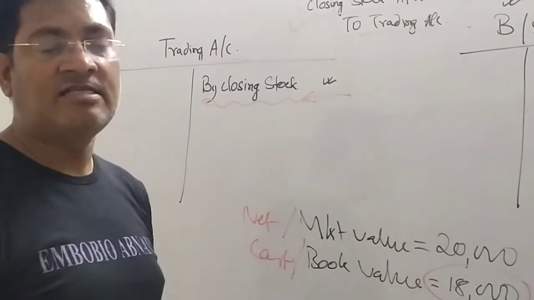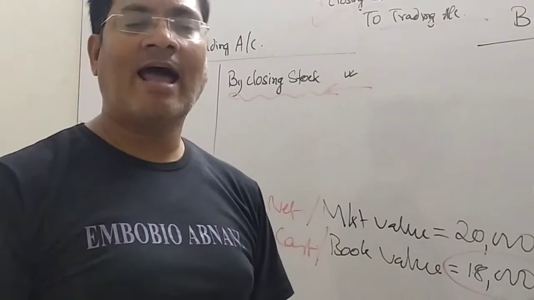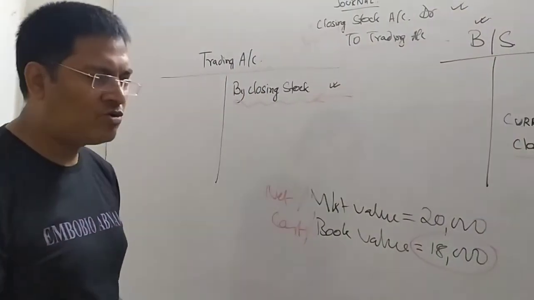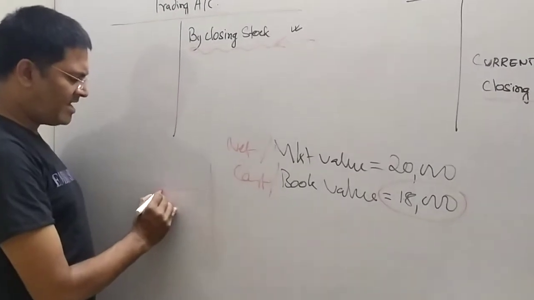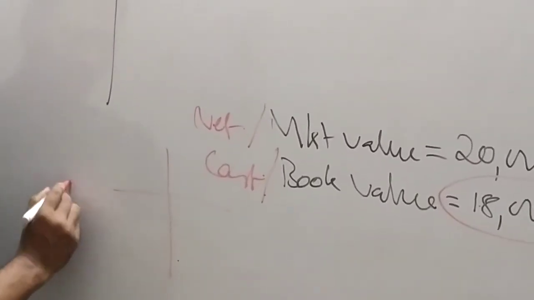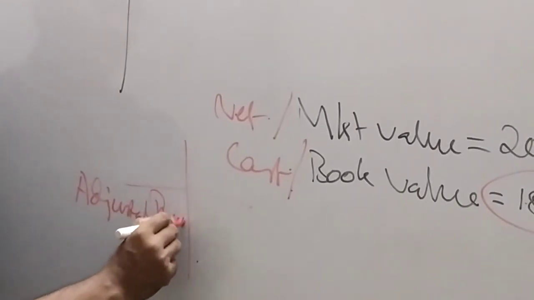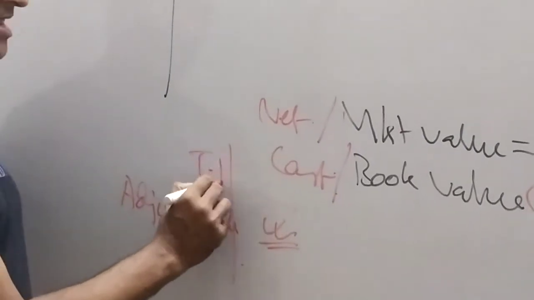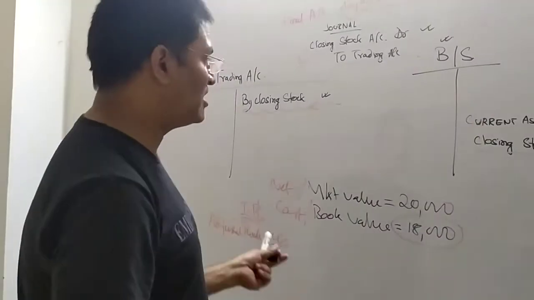Sometimes, instead of giving the adjustment of closing stock, they write the closing stock value in the trial balance. How do they write it? In the trial balance, they write adjusted purchase. Now, what is the meaning of adjusted purchase, students?